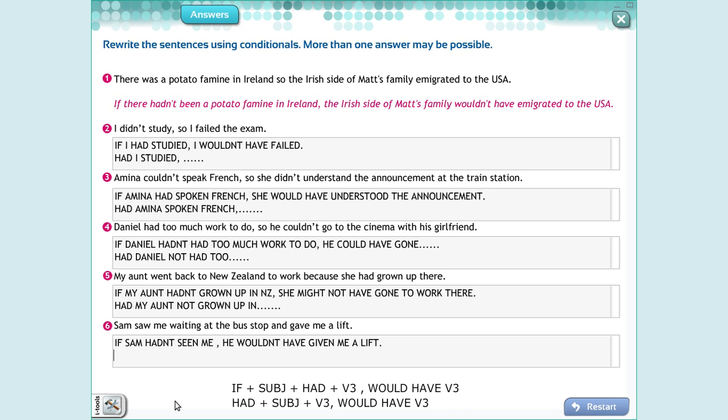If you decide to omit the if, had Sam not seen me, he wouldn't have given me a lift, a ride. Okay?